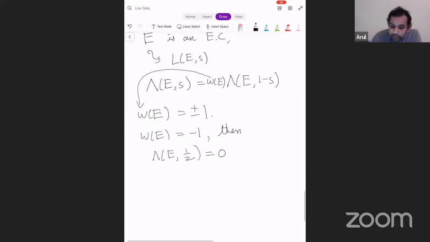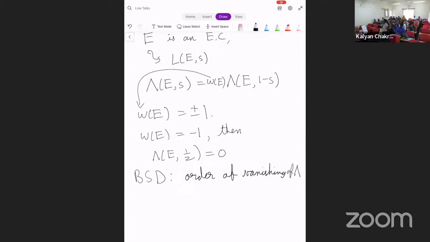Moreover, the Birch and Swinnerton-Dyer conjecture tells us that the order of vanishing of lambda is equal to the rank of E.